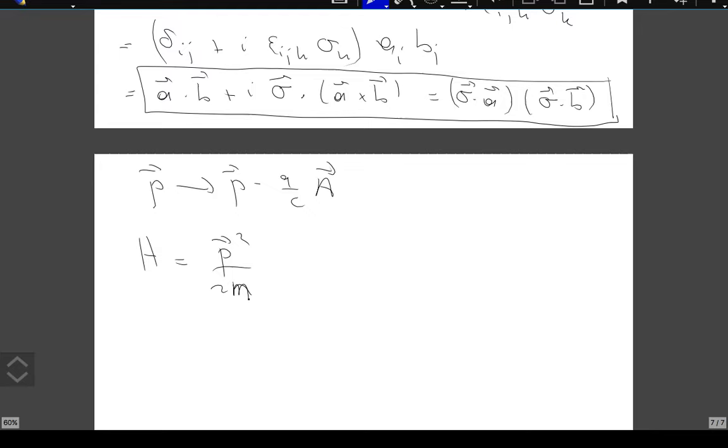I can write exactly the same Hamiltonian like this. In this expression at the top of the screen, just assume a and b are the momentum operators. Then p cross p is just 0. Since p cross p is 0, I am left with the first term, so sigma dot p squared is nothing but p squared.